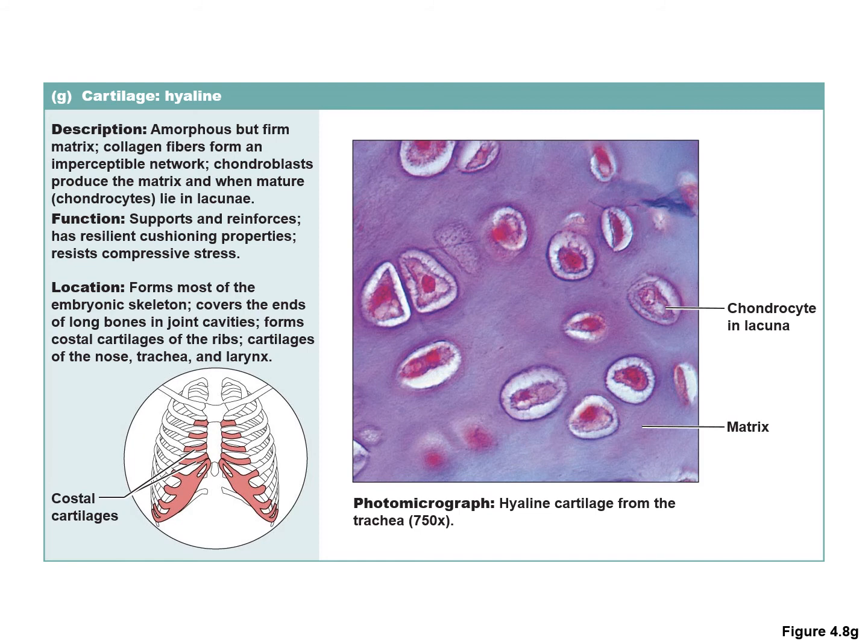And location: it's most of the embryonic skeleton. You find it at the ends, epiphysis and diaphysis, of long bones. You also find it in what we call costal cartilage, right? That one that connects the ribs to the sternum, in your nose, trachea, and larynx.